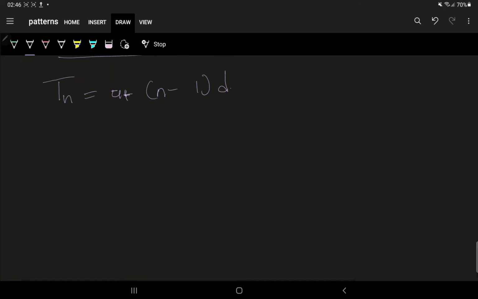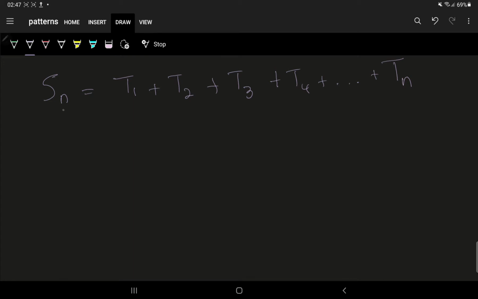Then, according to the theoretical definition, this is the sum of the terms, so we can say t1 plus t2 plus t3 plus t4 up until the last term, which is going to be tn. Because if we have 5 terms, our last term will be t5.